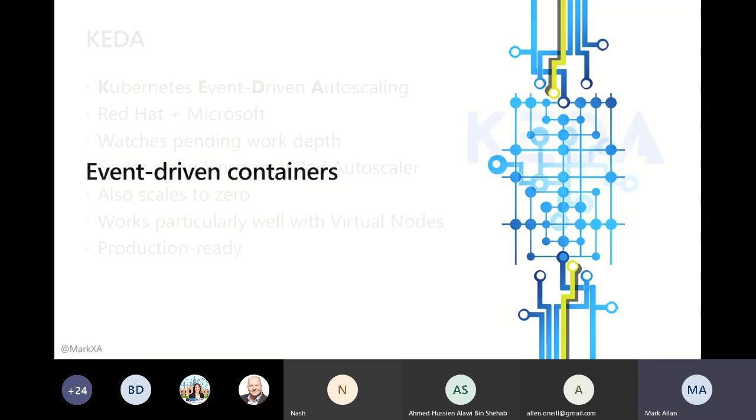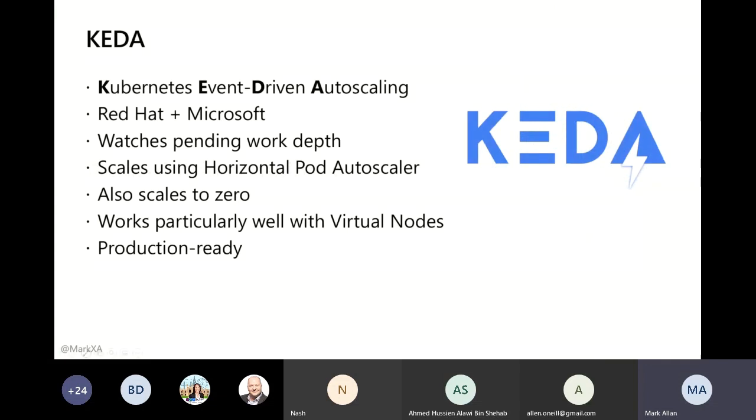So that's where the product called, well, not the product, the open source project called KEDA comes in. This is Kubernetes event-driven autoscaling, and it's on there on GitHub, and it was set up by Red Hat and Microsoft, but it's certainly not only a Red Hat and Microsoft project.